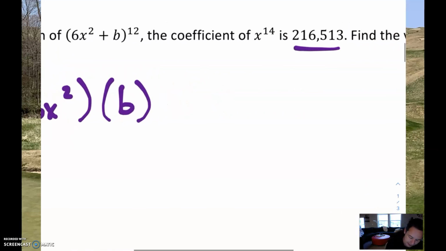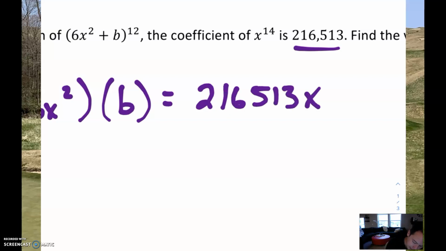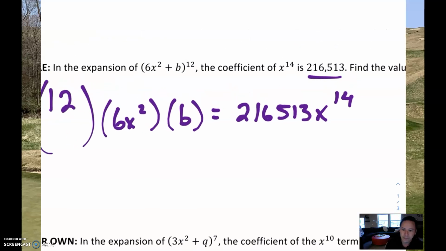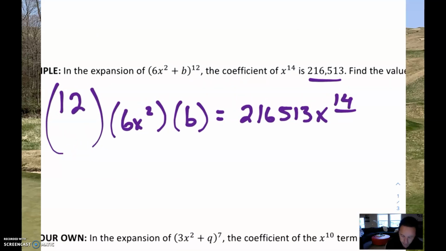The information they tell us is this term should end up equaling 216,513 x to the 14th power. So that 14 is very important. We want to make sure the variables end up as x to the 14th.